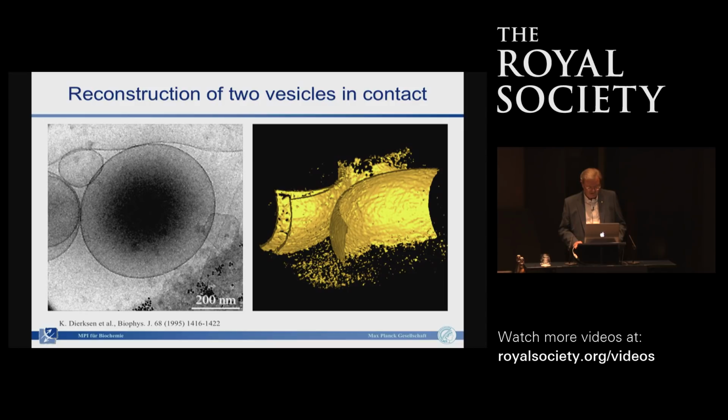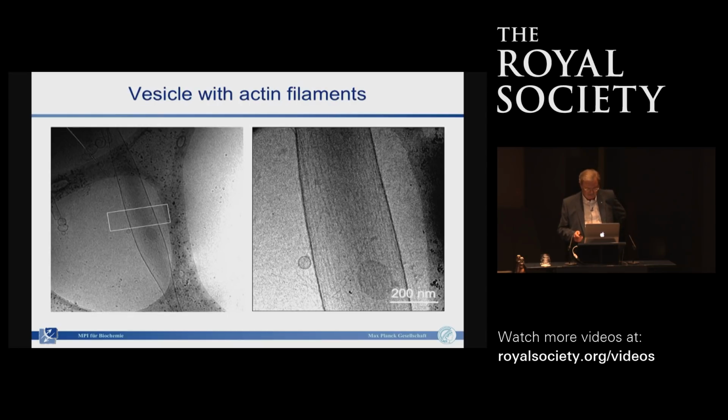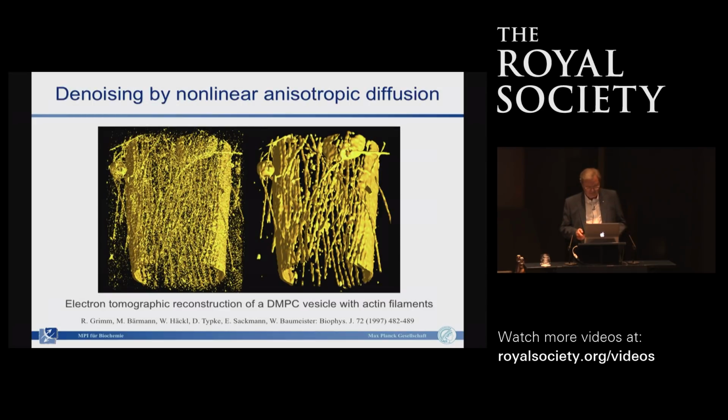This was the first cryotomogram we published, something as trivial as lipid vesicles embedded in ice. But it showed that in principle this is possible. We went a little bit further. We encapsulated actin in the lipid vesicles, let it polymerize, so it stretched out the vesicles. And we did a reconstruction.